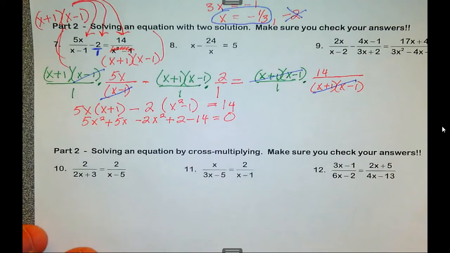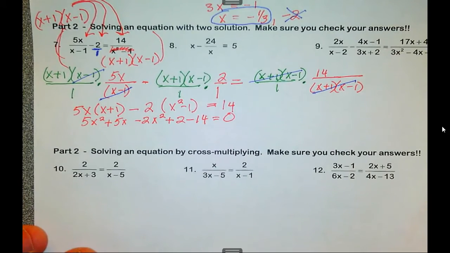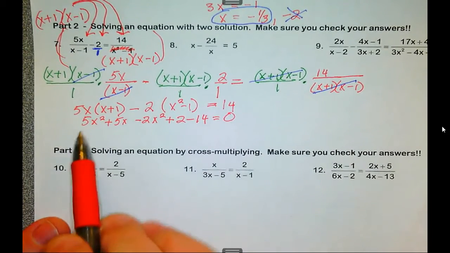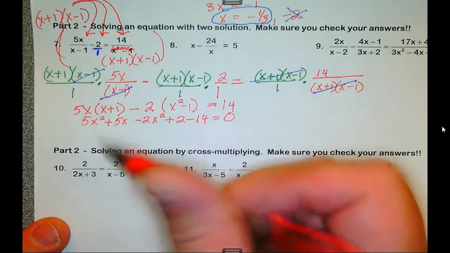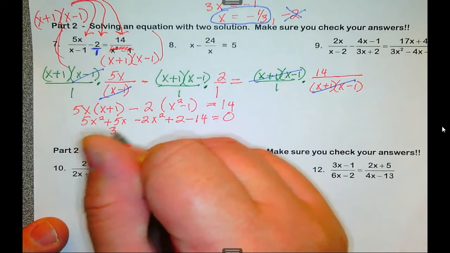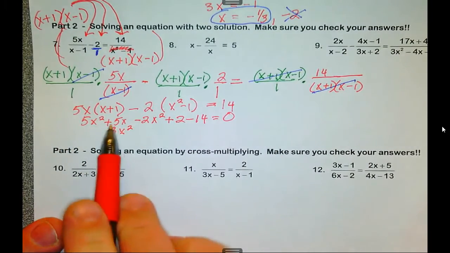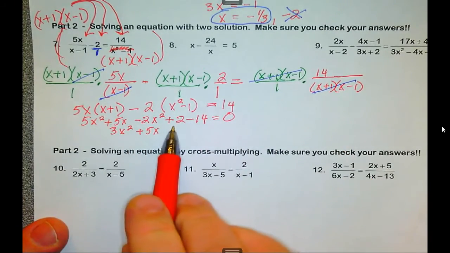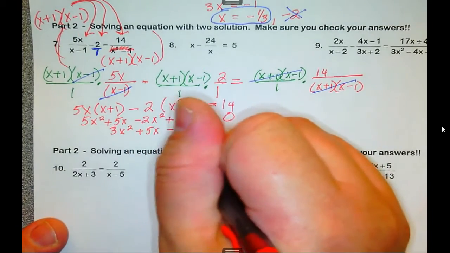With me? Okay, 5x squared minus 2x squared, 3x squared, plus 5x, and I have minus 10.